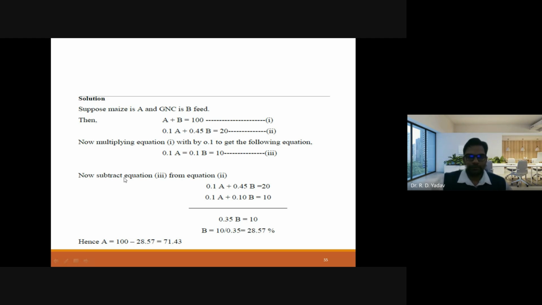Then subtract equation three from equation two, and we will get the value of b, which is 28.57%. B is the GNC, so the GNC content will be 28.57. A is the maize; subtracting from the 100, we will get the value of maize grain. It will be 71.43. Very simple equation.